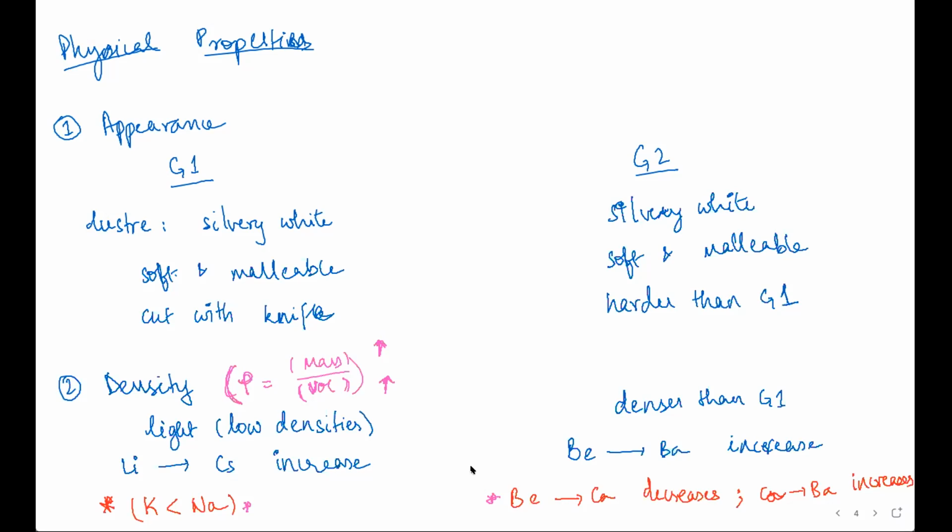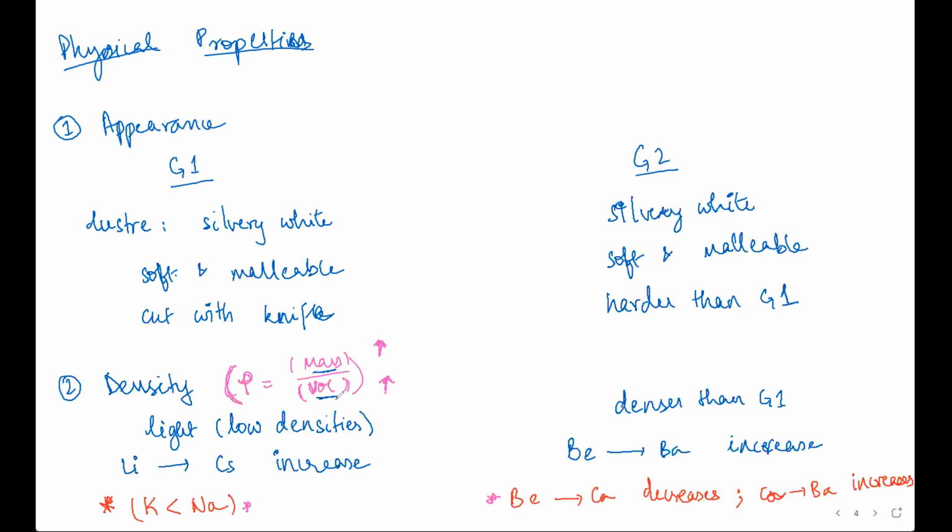Could you once again repeat the reason why sodium is denser than potassium? The reason is that the increase in size overweighs the increase in mass.